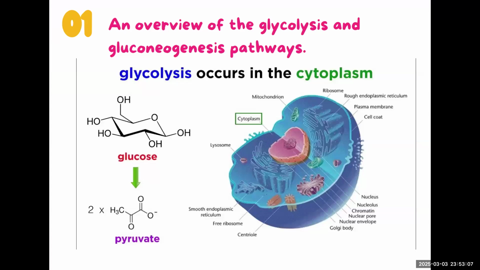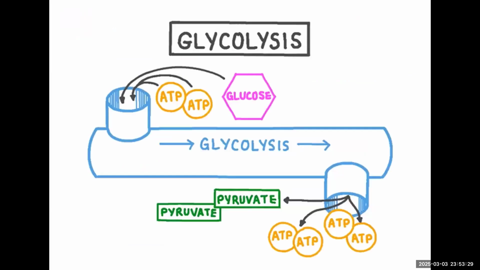In this process, we have a glucose molecule, and this glucose molecule is present in all our body cells and tissues. This glucose, which is C6H12O6, is cleaved or broken down into two molecules of pyruvate.